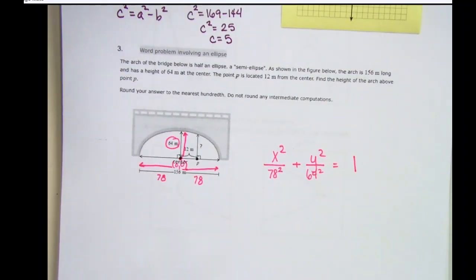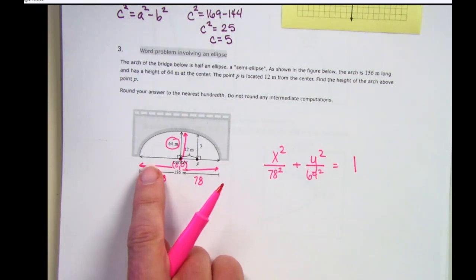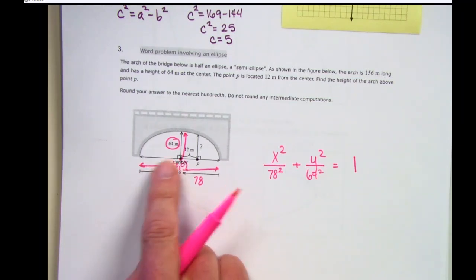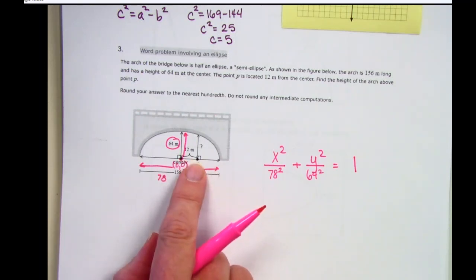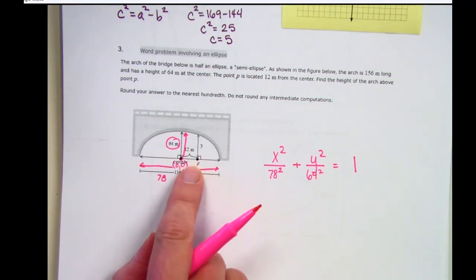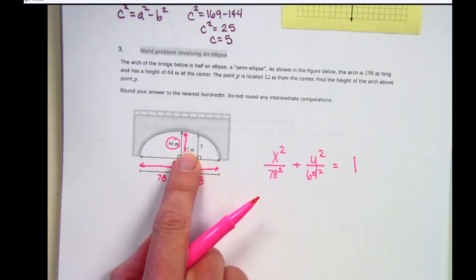Is that the equation of the ellipse represented? Absolutely. So now the next step is I look at this and it says, okay, P is 12. What axis are we on? Right here, going from center to P? Is that the x-axis? So my x value is what to get to P? 12.